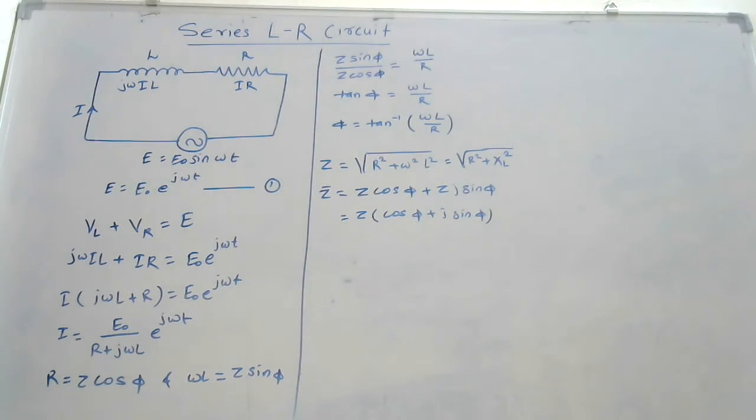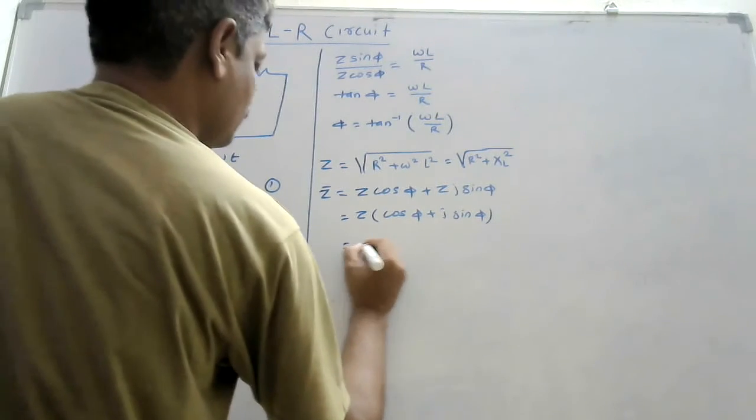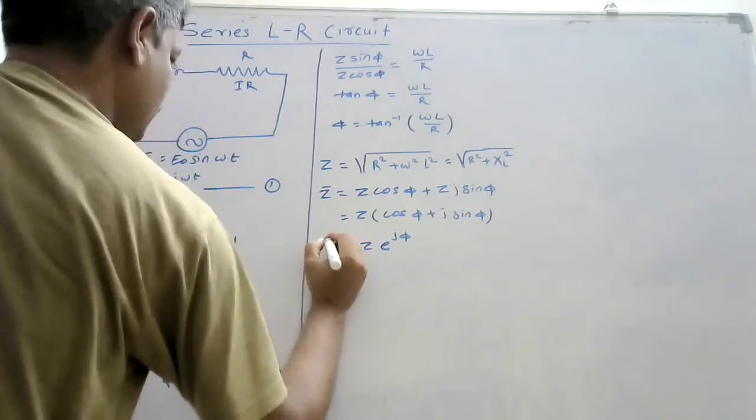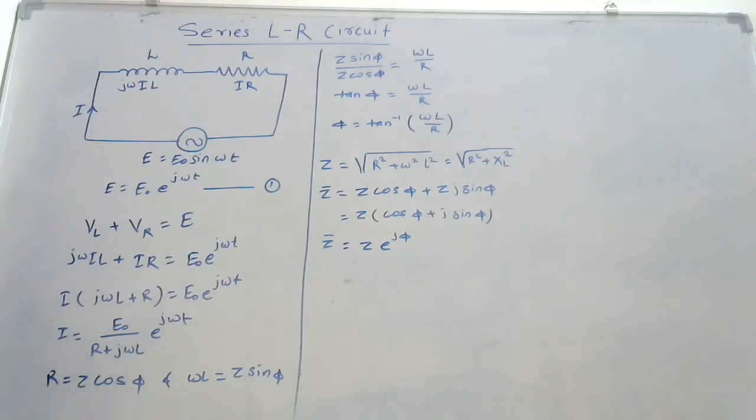Cos phi plus j sin phi is nothing but e to the power j phi. That is equals Z into e to the power j phi. This is the value of Z bar. Okay, from this equation, we have to put this value of Z bar.